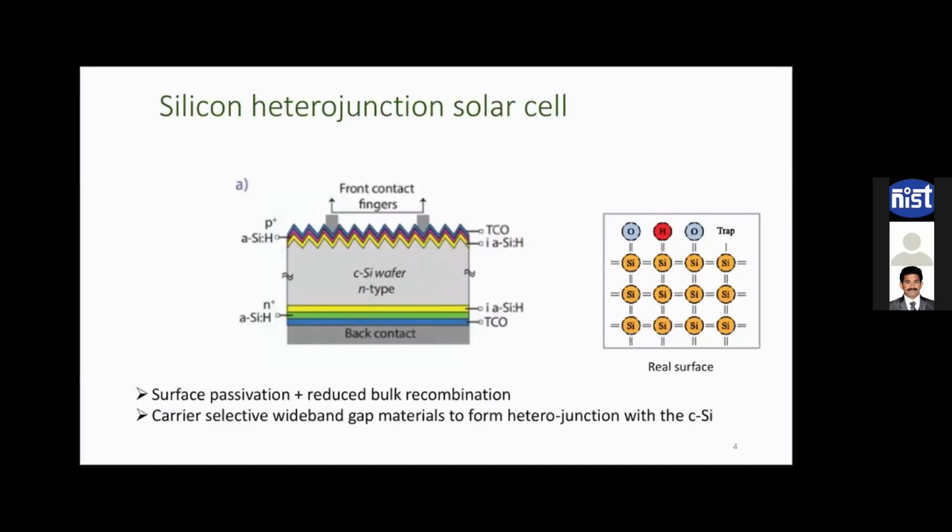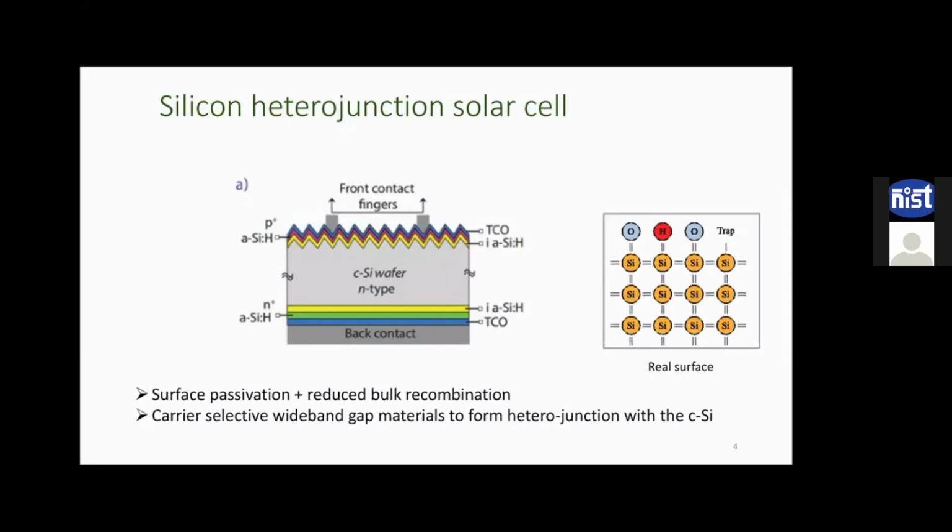Role one is that it should be able to passivate the high density of defect states present at the crystalline silicon surface, so it should work as an excellent passivation layer. The second role is associated with the heterojunction property. That means this amorphous silicon should provide suitable valence and conduction band offsets for the charge carrier transport.